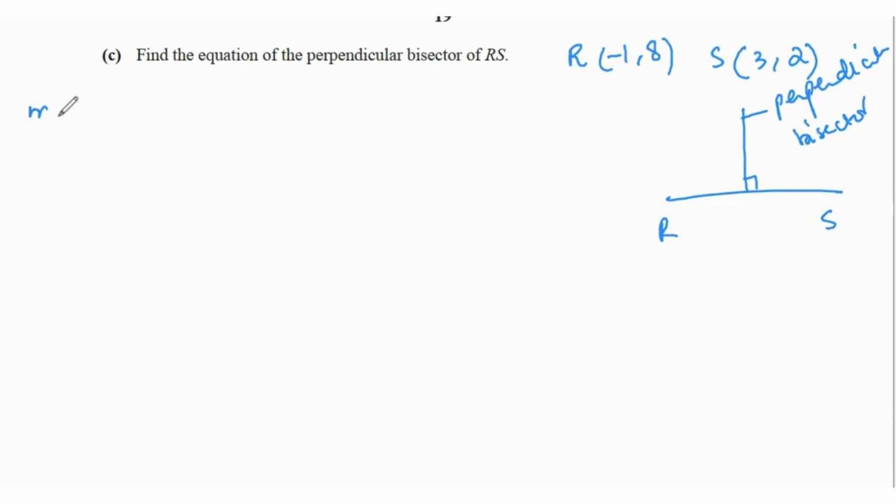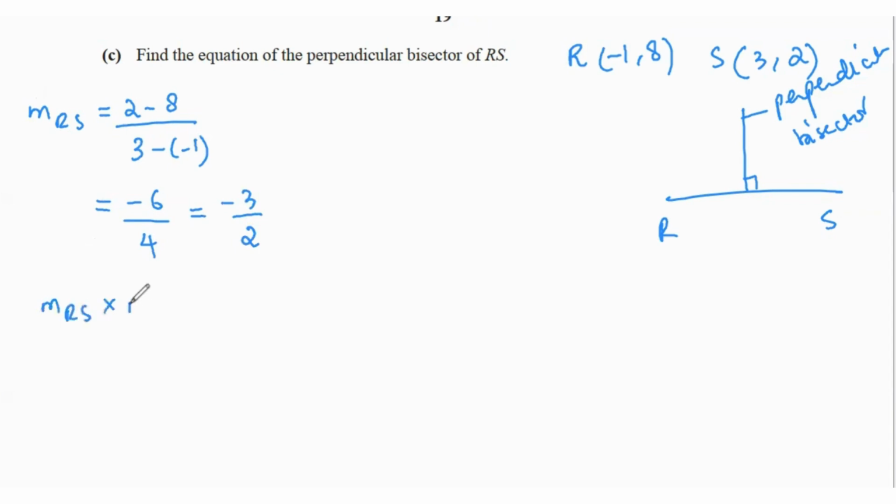First we find the gradient of RS, which is (2 minus 8) over (3 minus -1). That's -6 over 4, which simplifies to -3 over 2. So M_RS times M2 equals -1, where M2 is the gradient of the perpendicular bisector. So -3 over 2 times M2 equals -1. M2 equals -1 times -2 over 3, which gives us 2 over 3. So M2 is the gradient of the perpendicular bisector.